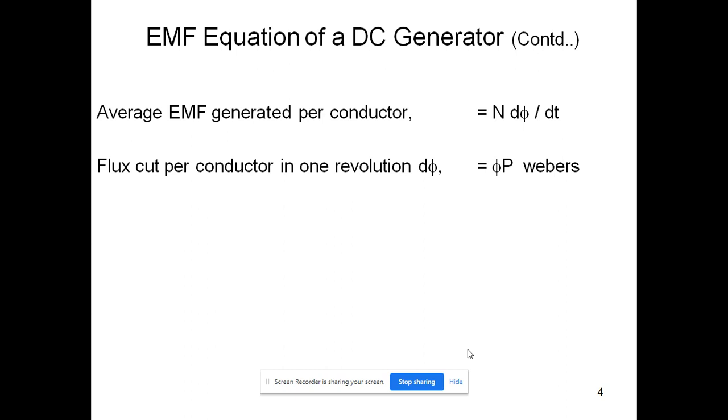And flux cut by the pole is given as the product of flux and number of poles, which is nothing but phi into P.